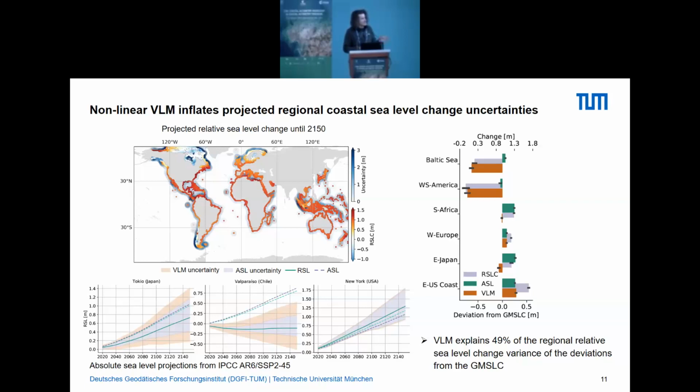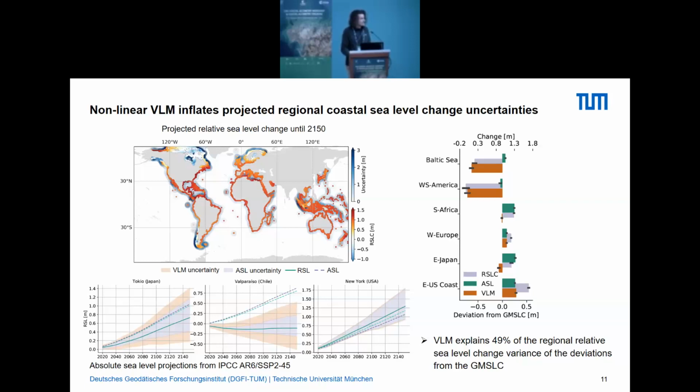And we see that this regional variability is highly influenced by vertical land motion, and that contribution explains about 50% of the regional variation.